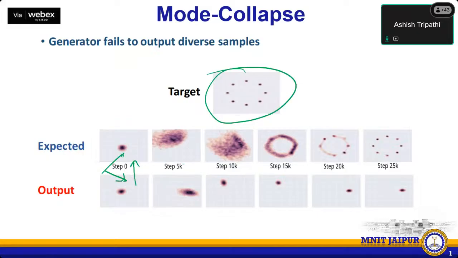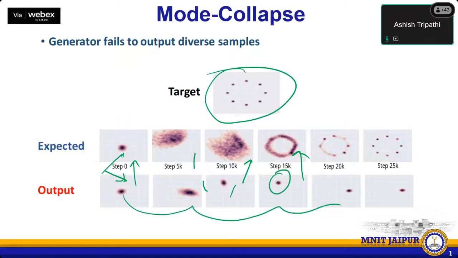After some iterations, this is expected, but this is actual. After some iterations, expected is this, actual is this. After some iterations, expected is something else, but my actual is this. That means in the output I am generating similar kinds of images. We are generating similar images.